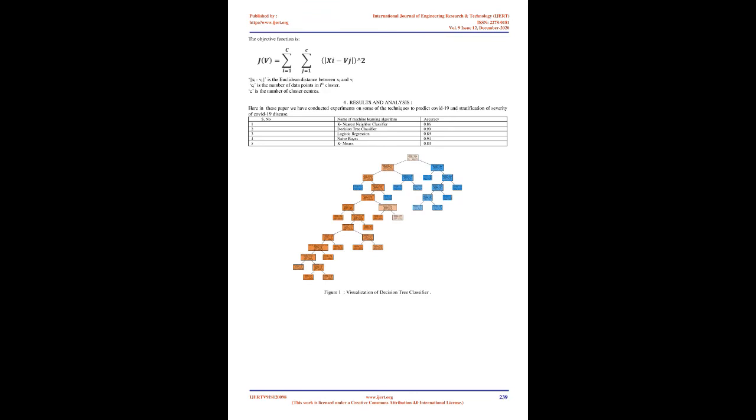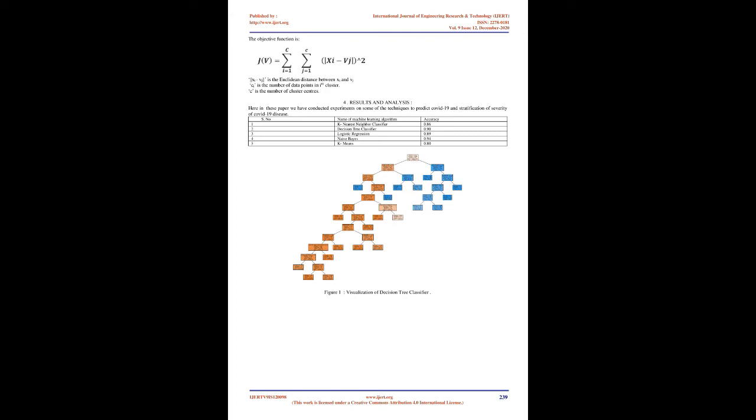3.3 Logistic regression. Logistic regression is one of the supervised machine learning algorithms which is used to predict the probability of a target variable. Here the nature of the target or dependent variable is dichotomous, which means there would be only 2 possible classes. In the regression model there are 2 types of variables: dependent and independent. The dependent variable is binary in nature, having data coded as either 1, standing for success/yes, or 0, standing for failure/no.